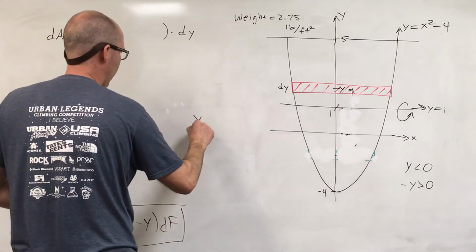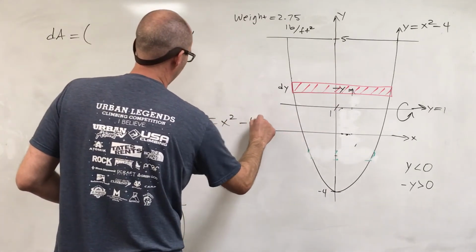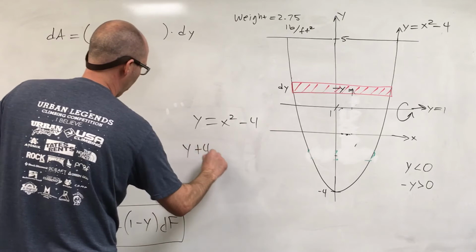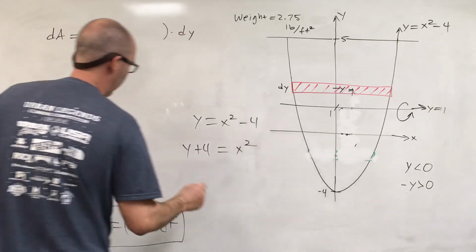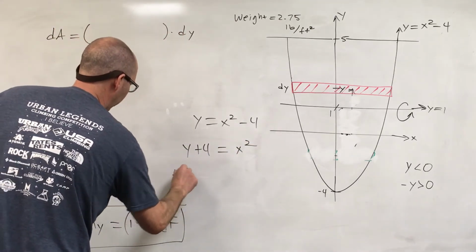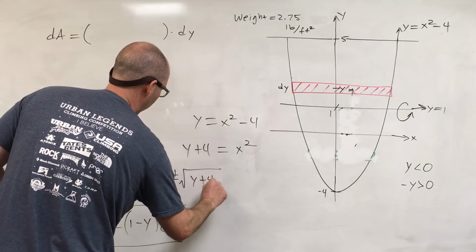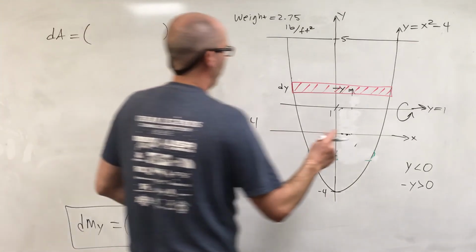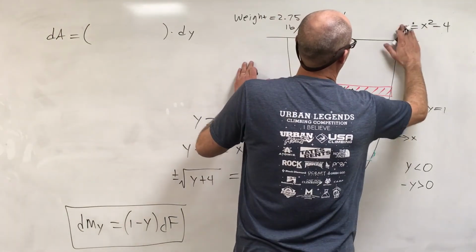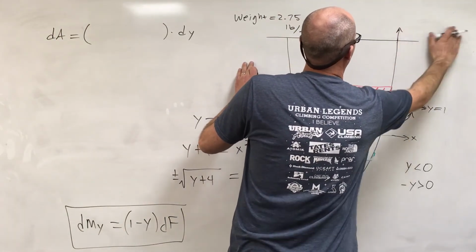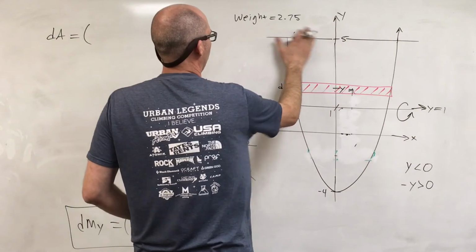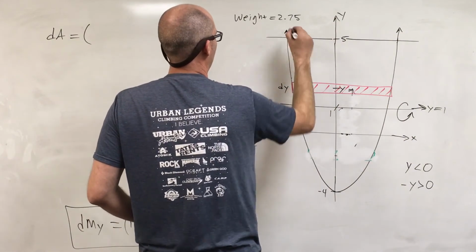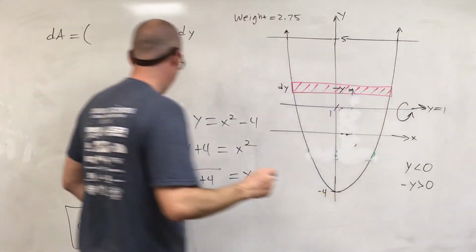Okay, so if y is equal to x squared minus 4, y plus 4 equals x squared, plus or minus square root y plus 4 equals x. So this one over here is the positive one.